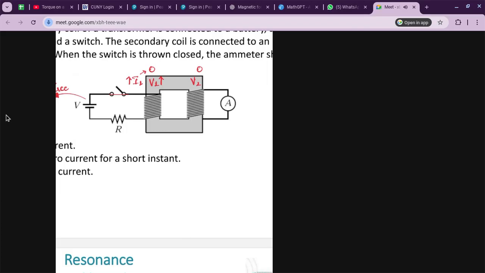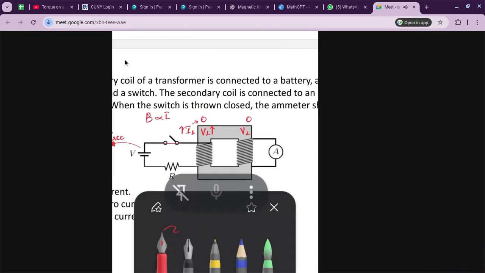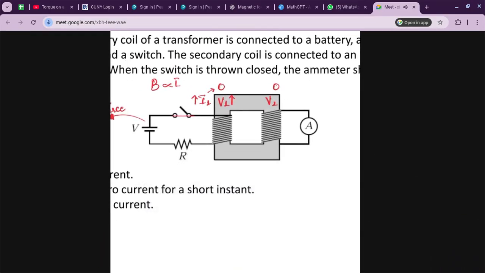When the current is increasing, the magnetic field increases as well. Now here is the change in magnetic field. When a change in magnetic field is observed, according to Faraday's law of electromagnetic induction, there has to be some induced current produced in the secondary coil. Induced current is produced in the secondary coil.